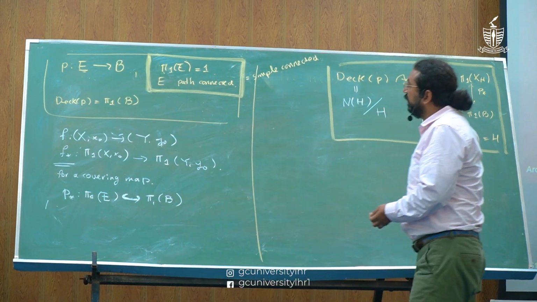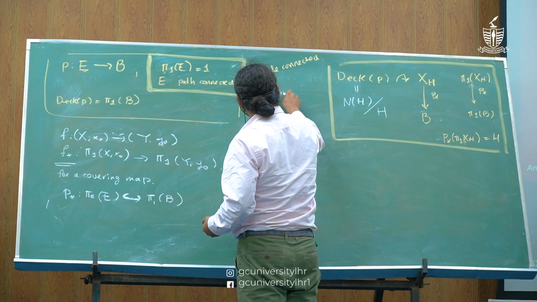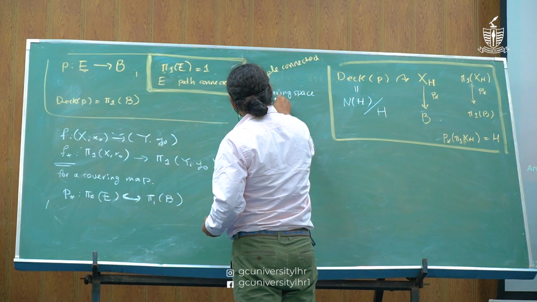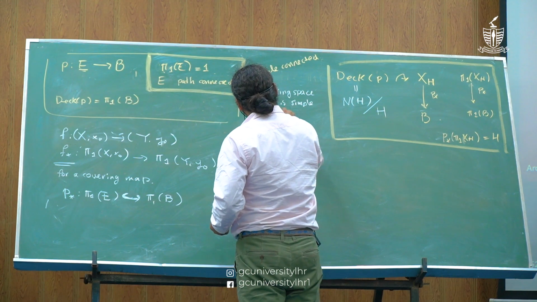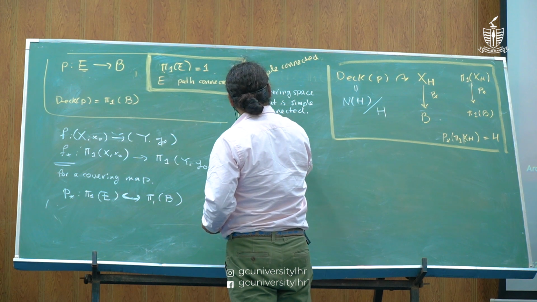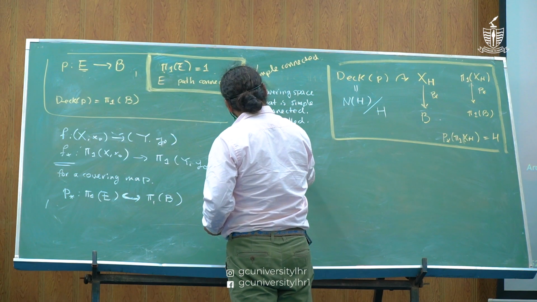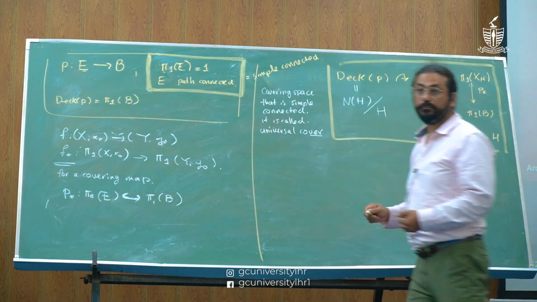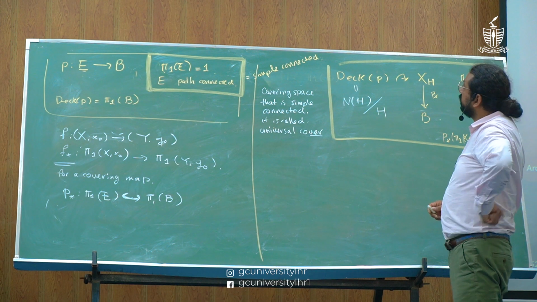If we have a covering space that is simply connected, then it is called the universal cover. Okay? This will be called the universal cover.